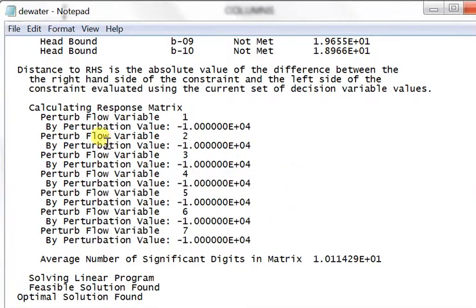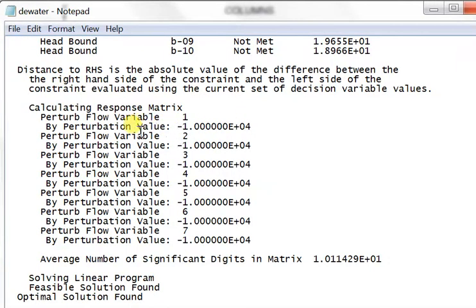The next step is to calculate the response matrix, and here we go with the repeated simulation of the problem. We perturb flow variable 1. We use a perturbation value of minus 10,000, which would be 1/2 of the upper bound as specified by the delta variable in the solution file.